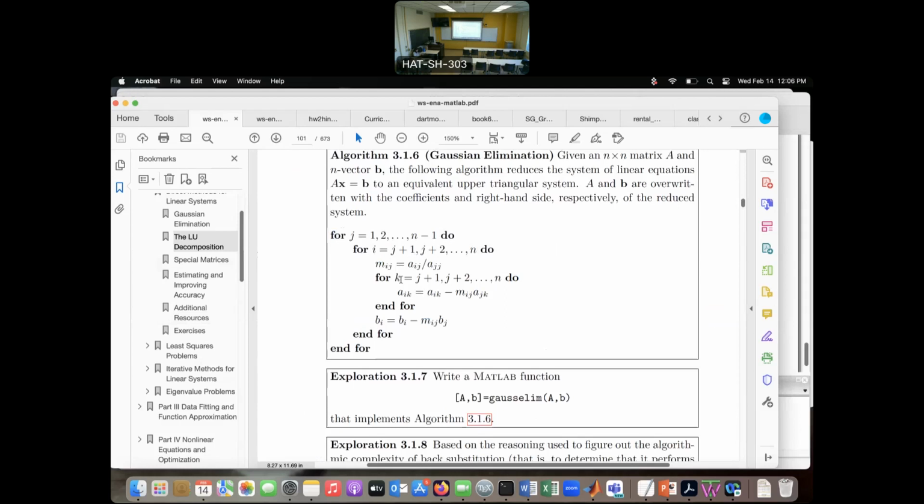You want to make the storage unconditional. The best thing to do is to work entirely with A and store the multipliers in the lower triangle of A, and when that's done, that's your LU, and you can just assign that to LU.